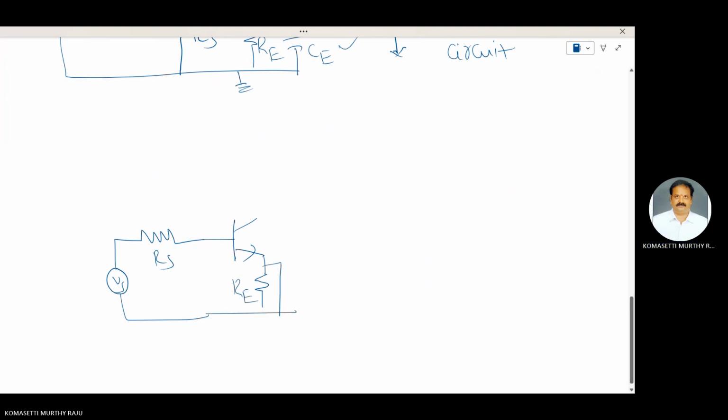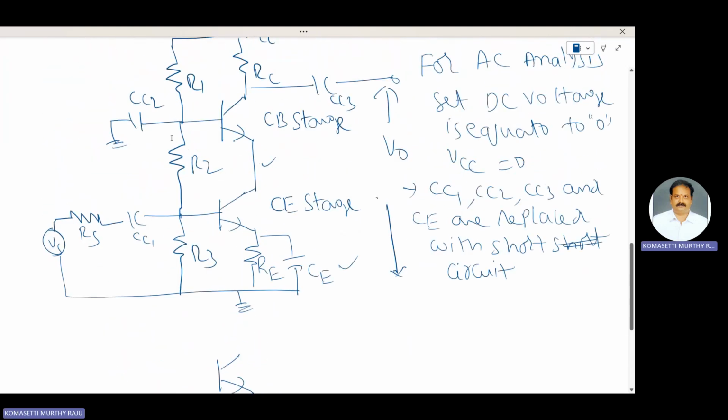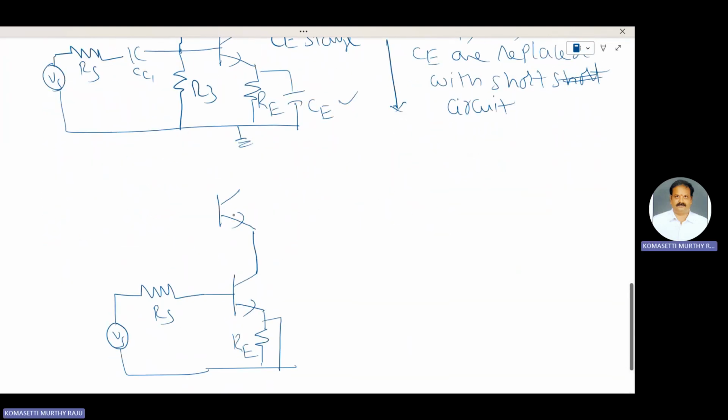CE is replaced with short circuit. One more capacitance is there here, CC2. CC2 is replaced with short circuit. That means short circuit here.